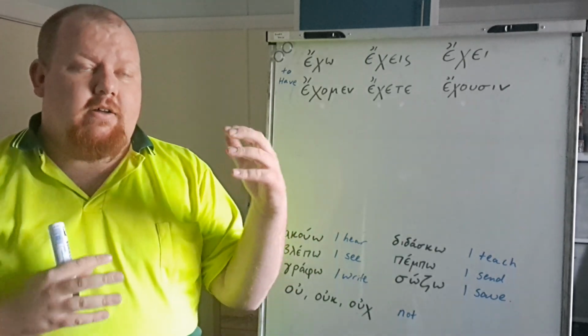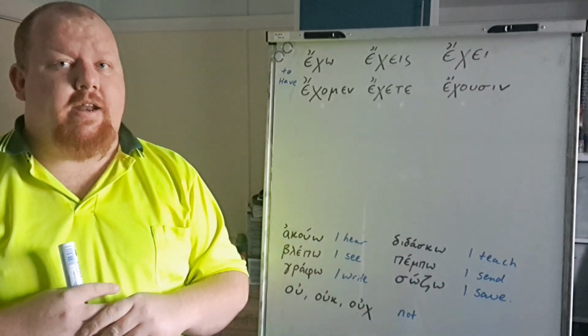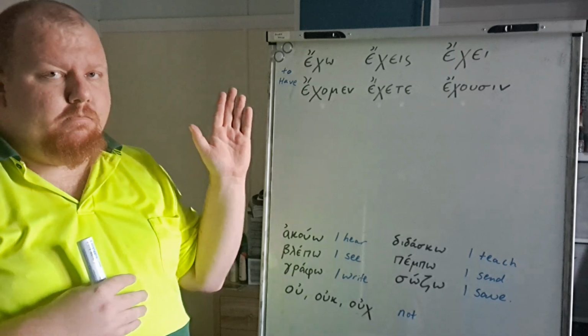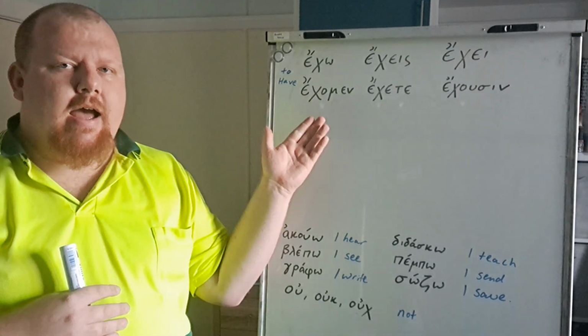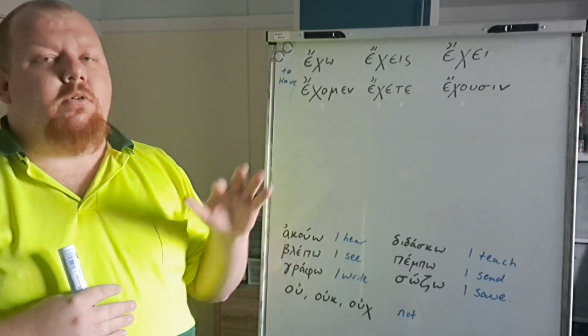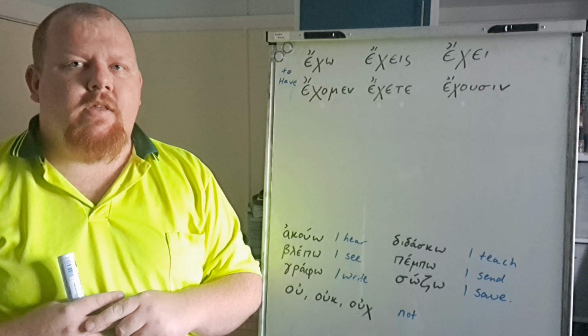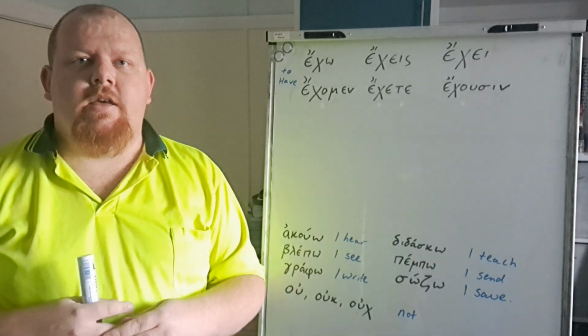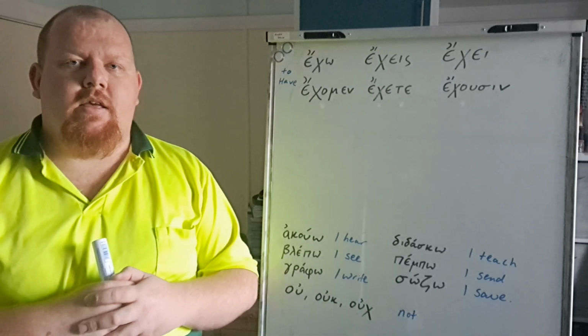And then there's a small category of other verbs that have different endings. But most Greek verbs have these endings. So if a Greek word in the first person singular ends in an omega, it will generally follow this pattern.